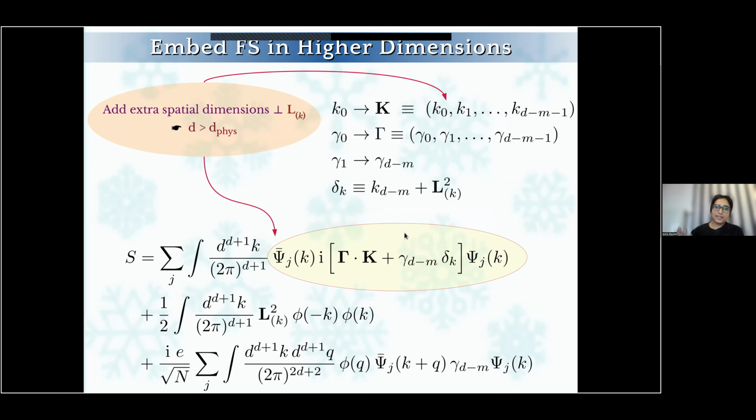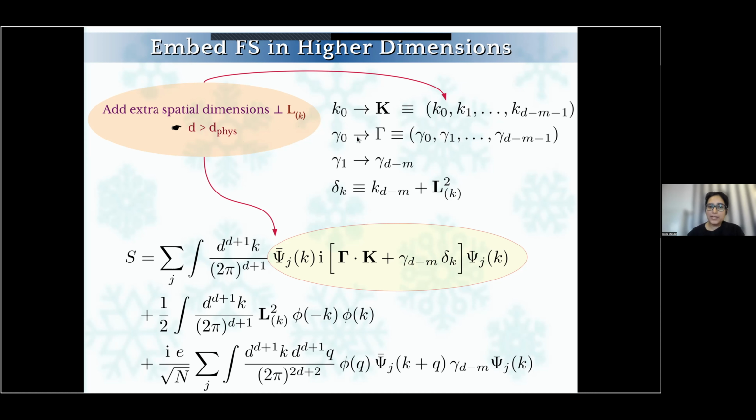But that was the original action. Now to perform dimensional regularization, we have to add some extra dimensions perpendicular to the Fermi surface, or perpendicular to the L k momentum. So superficially, we are increasing the total dimension of the system above the physical dimension. We are doing this by promoting k0 to a vector capital K, which has many components, depending on how many dimensions we are adding.